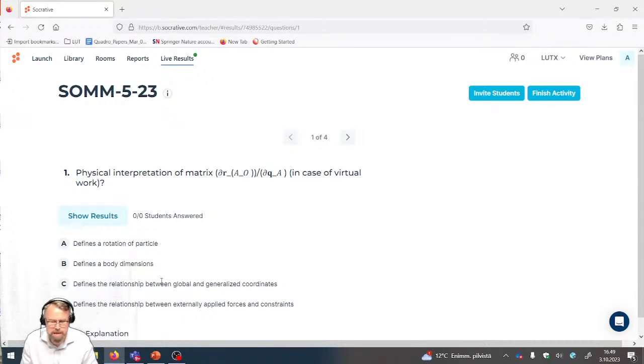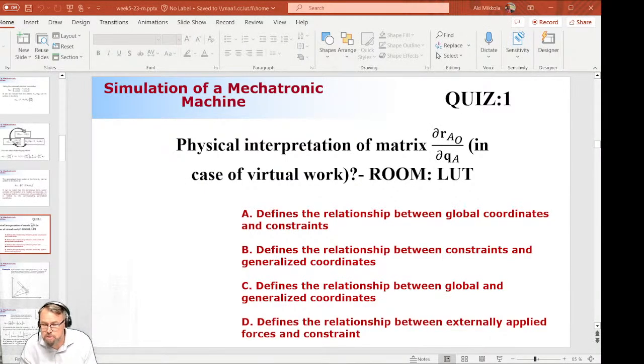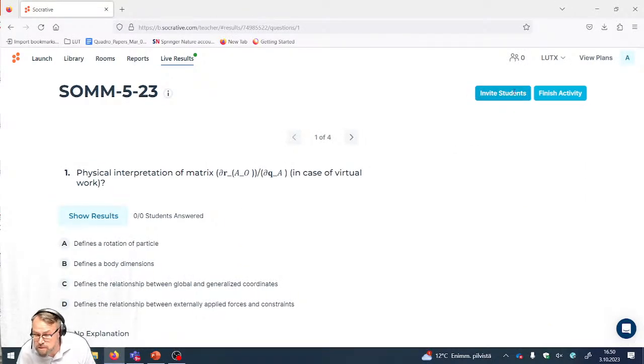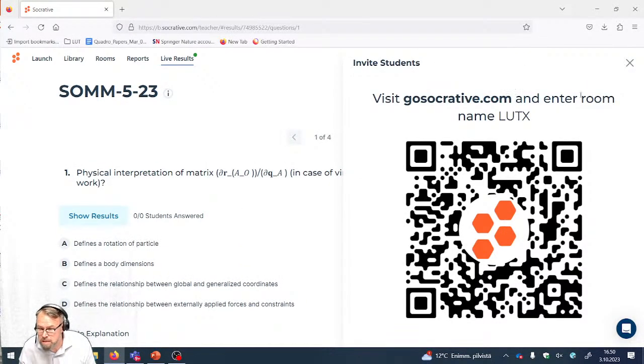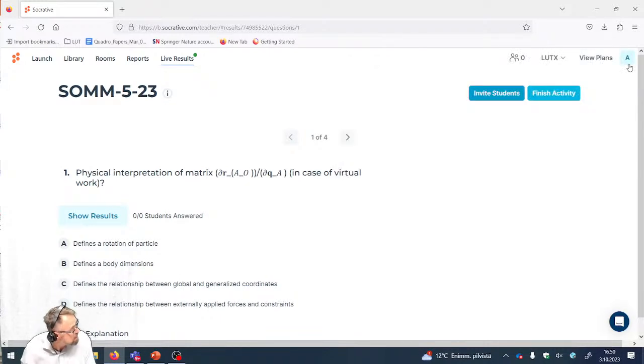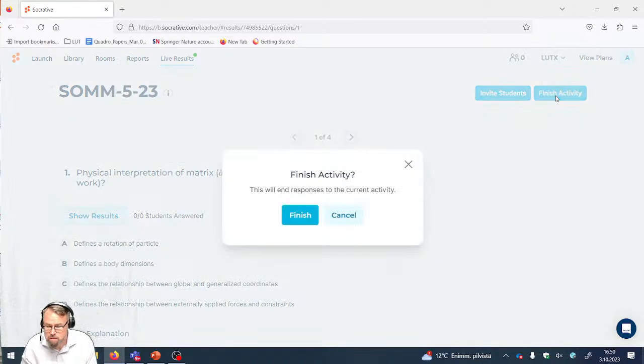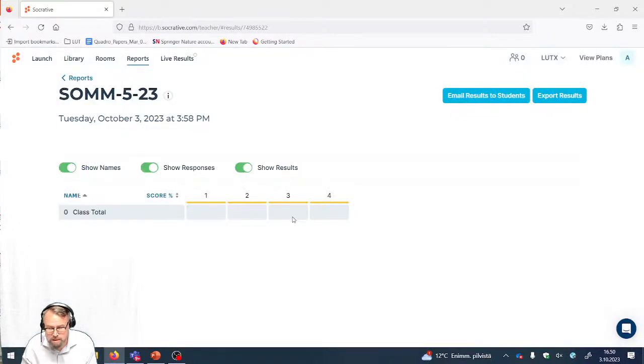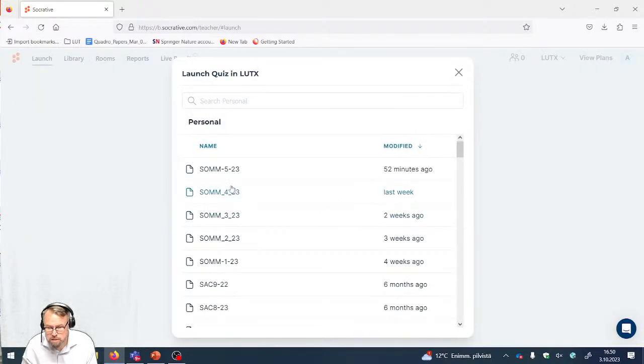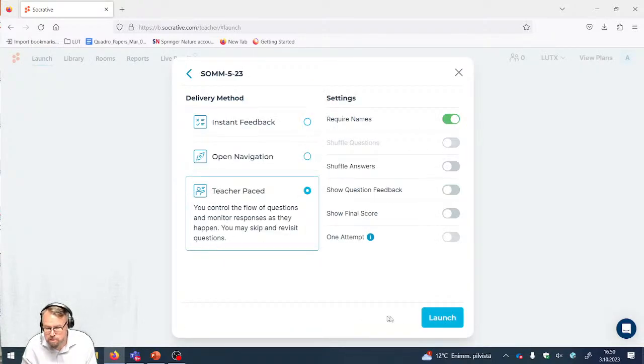Okay, so this is a bit confusing. My Socrative, I did not update it. I did not match this with my slides. I want you guys to use this one. Invite students. Okay, sorry. No, I don't want to use this. I think that I made some kind of a mistake, finish activity, when I was launching this. So let me launch this again. Teacher, launch.